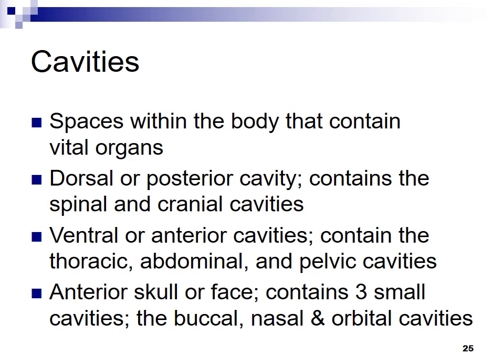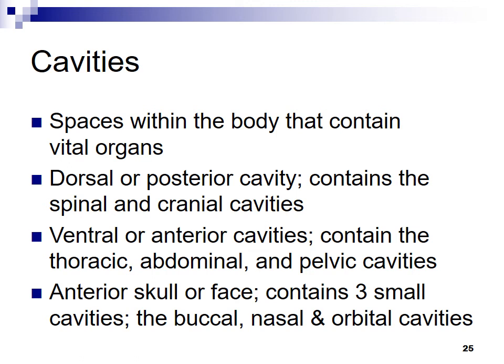The abdominal cavity is going to have liver, spleen, stomach, and intestines. The pelvic cavity is also going to have some of that intestine, and then also your bladder and our reproductive organs. Anterior is going to be the skull or the face, and that's going to have the cavities of the skull.